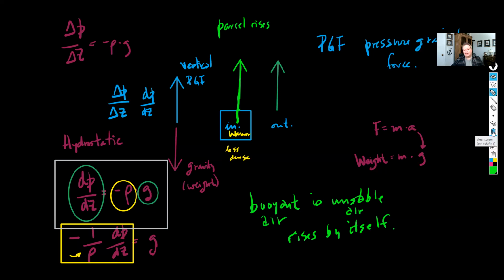Now, the last thing I want to talk about is what happens when I have air rising. Remember, we said force is equal to mass times acceleration. If there's a net upward force, that means my parcel is going to rise by itself, but there's a force, so it also means it's going to accelerate.